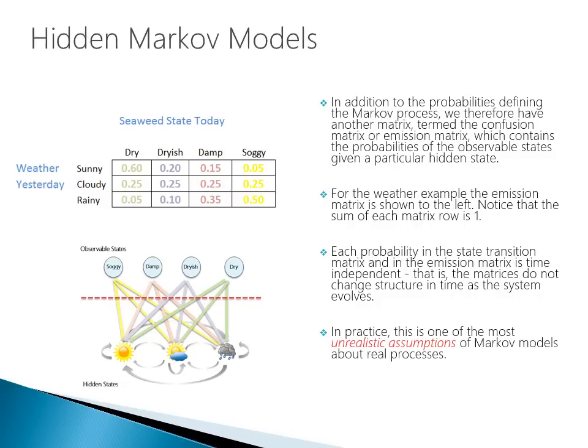The matrix structure can evolve. It can compact and it can expand depending on real observations and how the system actually works. But in our case, the structures are going to remain fixed and constant. Okay, and that is something when working with hidden Markov models that we have to understand and pay very close attention to.